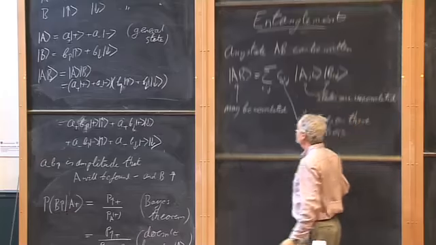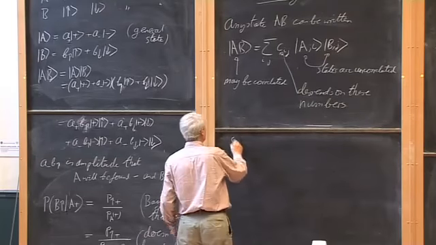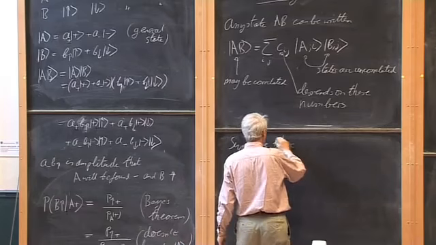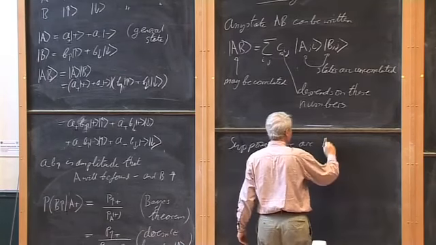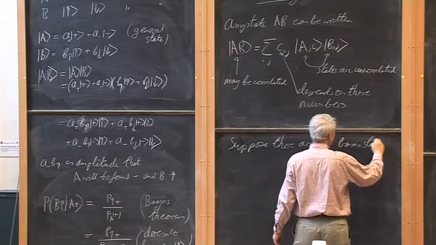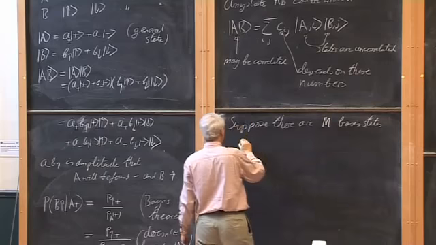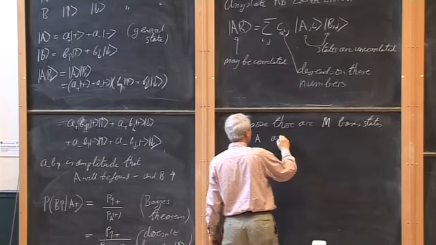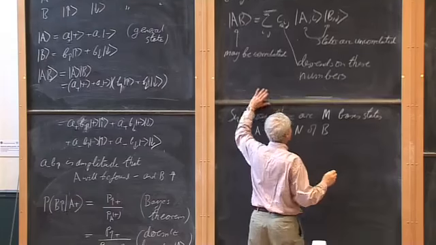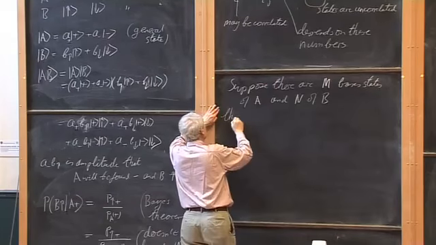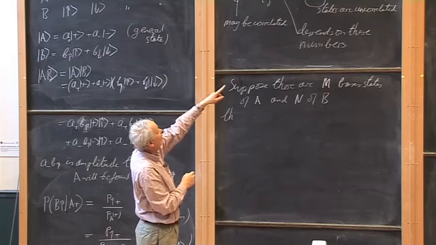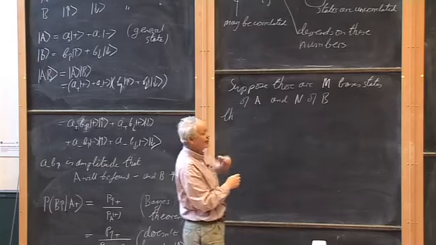So let's do a little bit of quick counting. Suppose there are m basis states of A and n of B. All right, so there are m values that i can take, and there are n values that j can take.